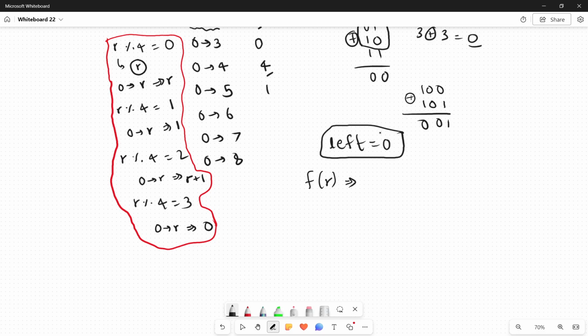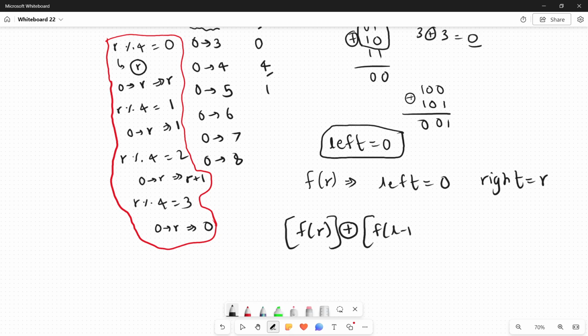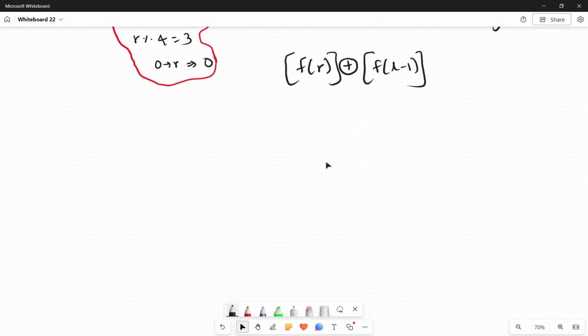So it is basically the answer when left is equal to 0 and right is equal to r. So can I say my final answer will be f of r XOR f of l minus 1? Do you agree, folks?